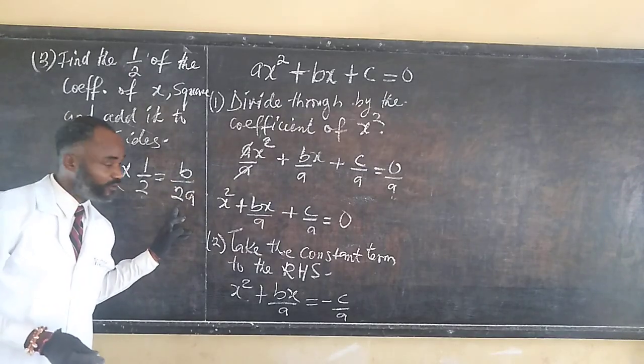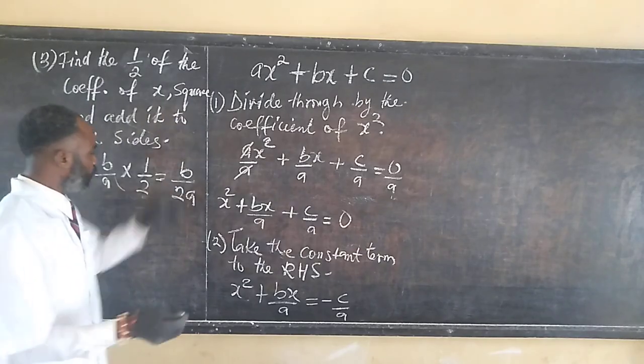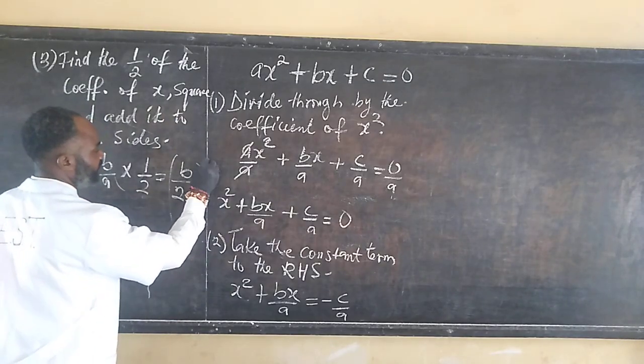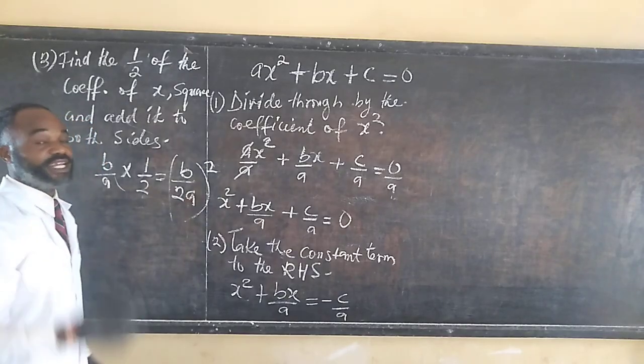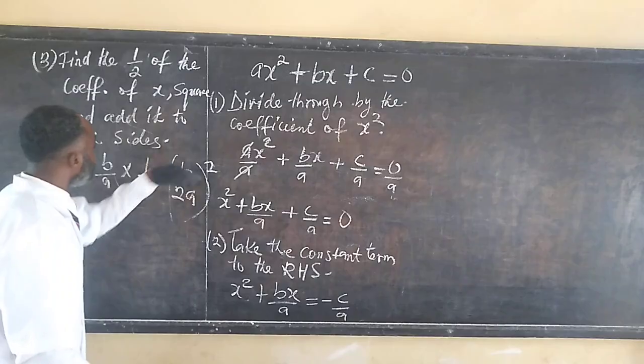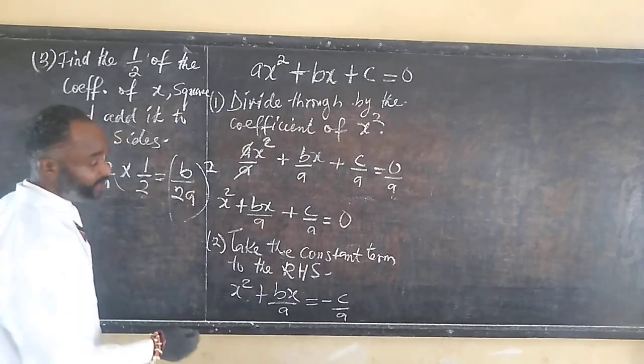That's the half. The instruction said, after finding the half, square it. So we're going to square it, and the next thing is add it to both sides. Let's do that right away.